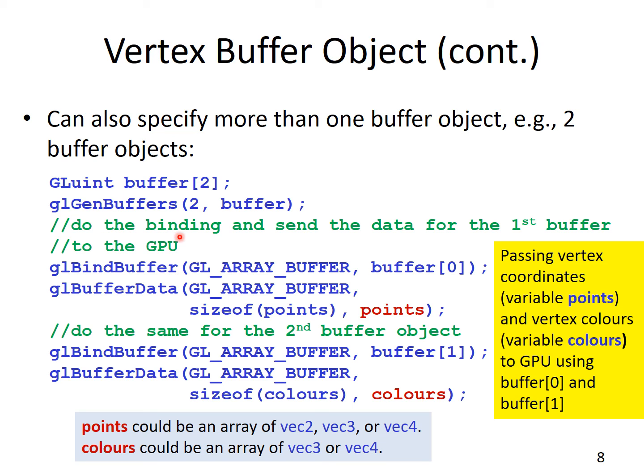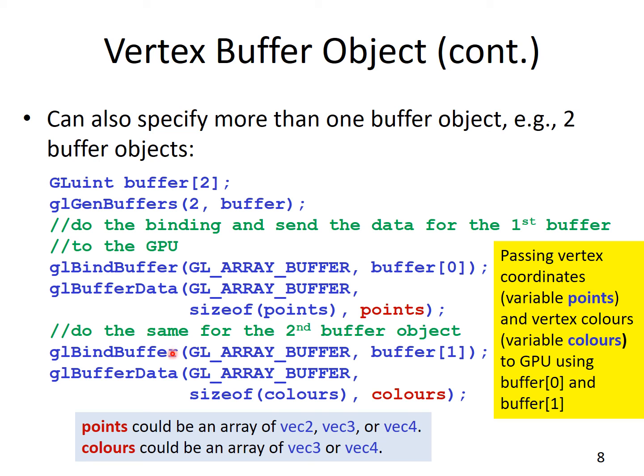So we perform the binding and send the data of the first buffer to the GPU using these functions, glBindBuffer, and we give it the first buffer, and then we use glBufferData to transfer the data associated with this buffer.